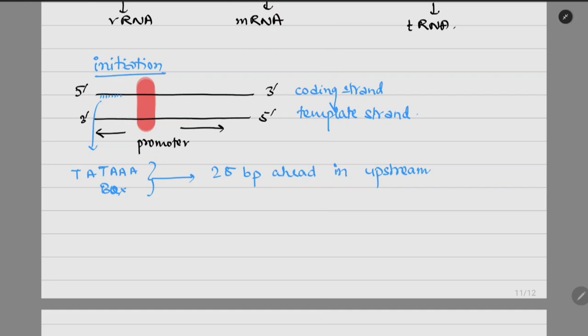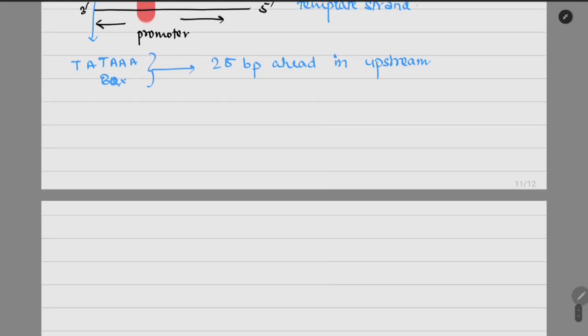Now there is pre-initiation complex formation. This pre-initiation complex is very much required for the transcription steps, involving transcription factor 1, transcription factor 2, and then different subtypes like D, A, B, E, H, etc. I will write it here.